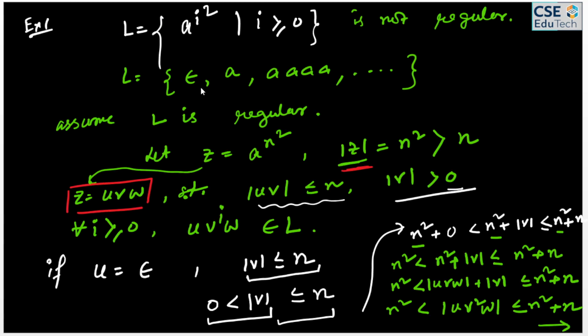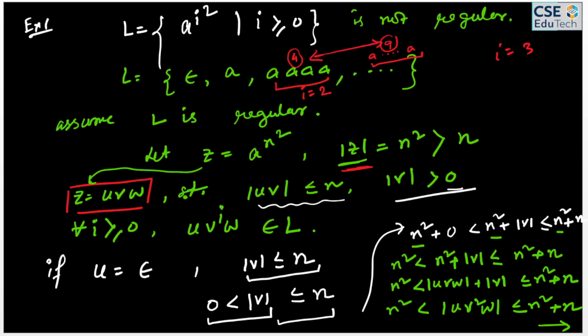Look, when i equals 2, the length is 4, and when i equals 3, the next string has length 9. So no string belongs within the range 4 to 9.